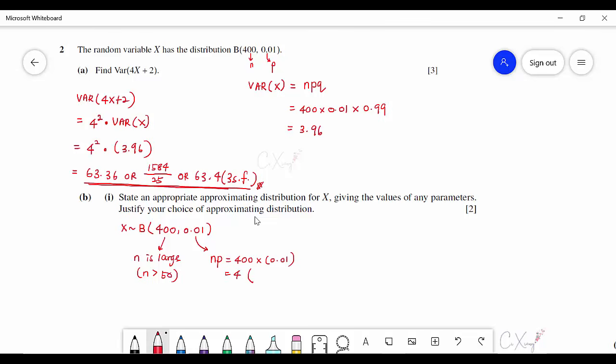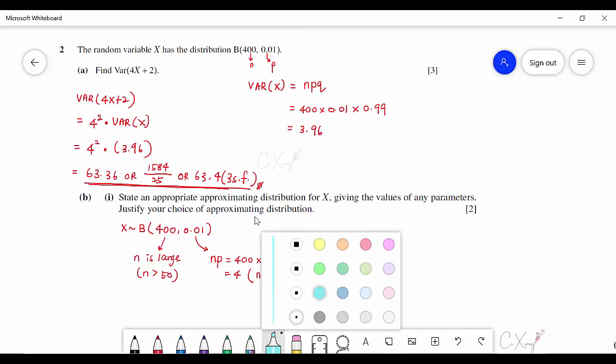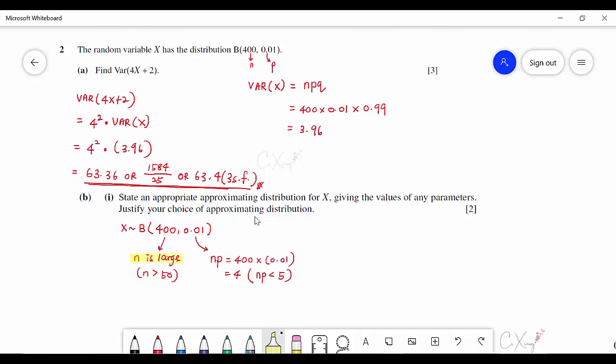So this is the reason that np is smaller than 5. With these two conditions, first, n is large, and second, np is smaller than 5, by fulfilling these two conditions, you should know that the binomial can be changed to a Poisson distribution.